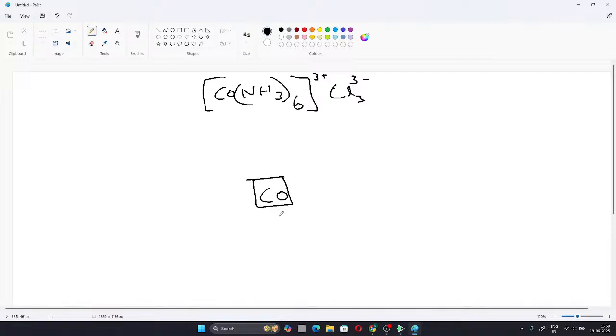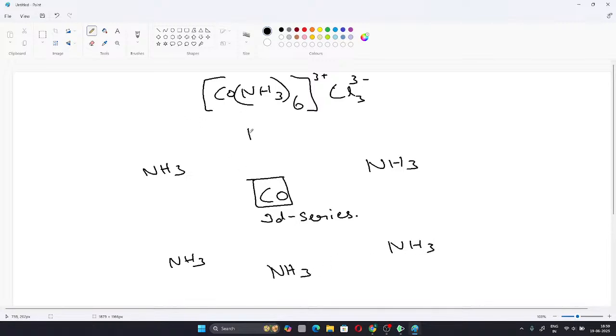This is a transition metal which comes under the 3d series, and all the NH3 molecules, 6 NH3 molecules, have a lone pair of electrons.